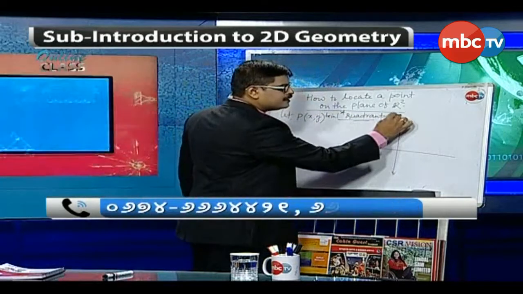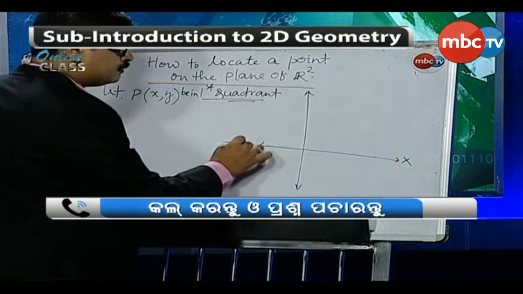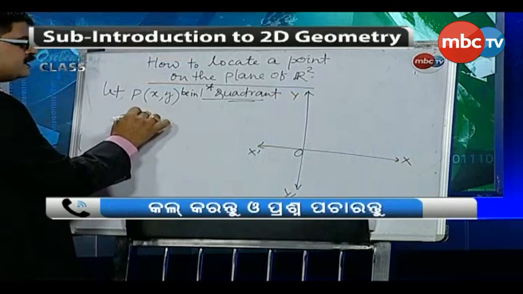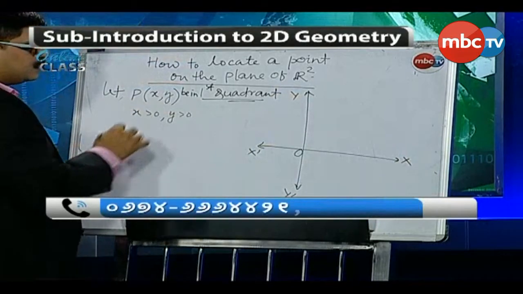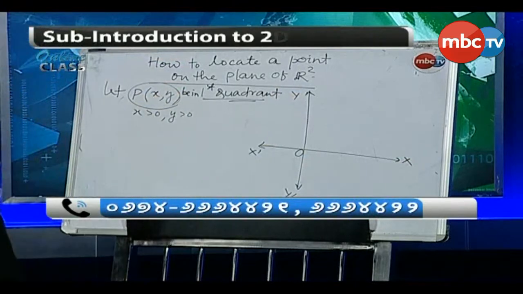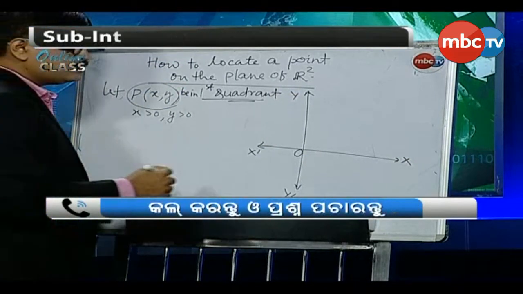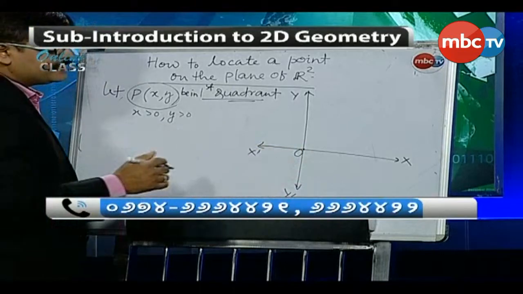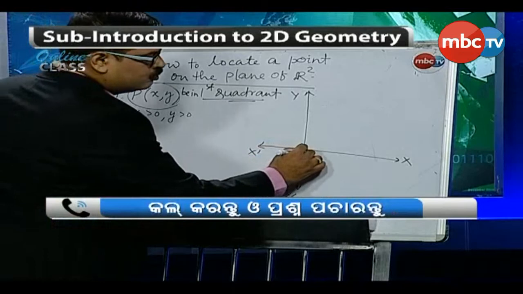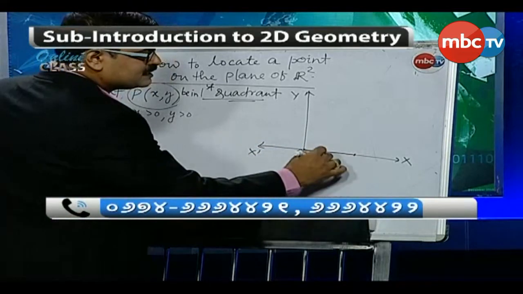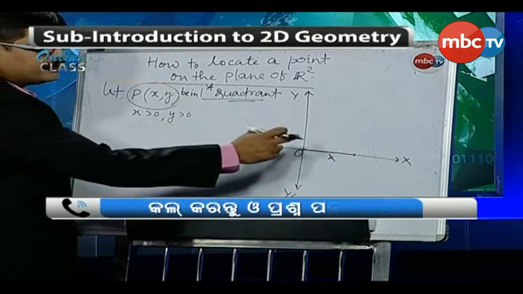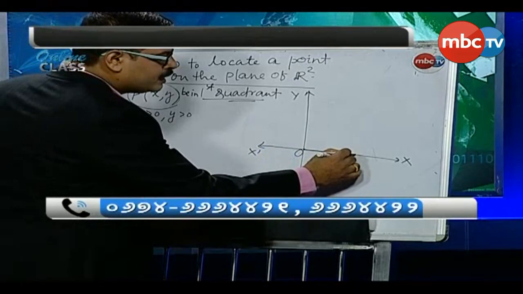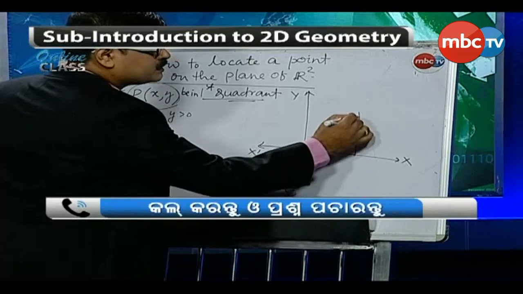In the first quadrant means x is positive, y is positive. So, to locate the point P(x, y), what do we do? Origin is our starting point. From the origin you move x units along the positive x axis, then you move y units parallel to the positive y axis.